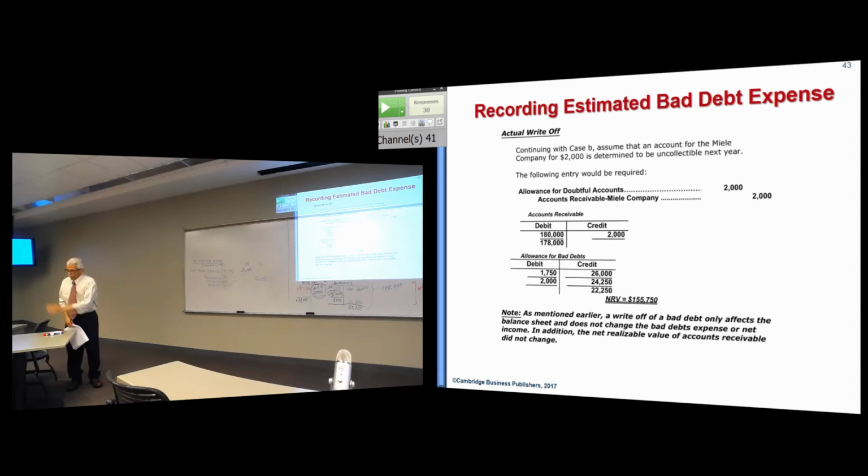Now, to answer your question, you could have had, in this case, just to make up some numbers for you, let's say the allowance account started this problem with a balance of $1,500. Let's take this write-off. So now you make this entry. You debit the allowance, credit the receivables for 2.